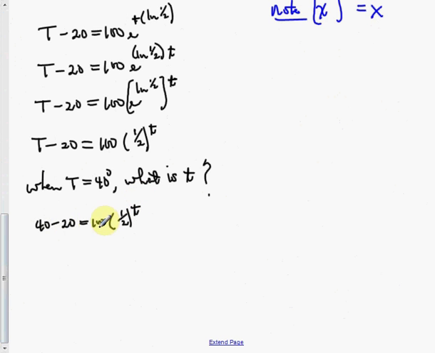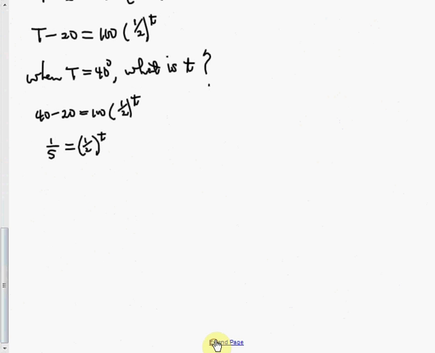So this is 20 over 100. So that's 1/5 is equal to 1/2 raised to the tth power. How do we solve for t? How do we get t by itself?